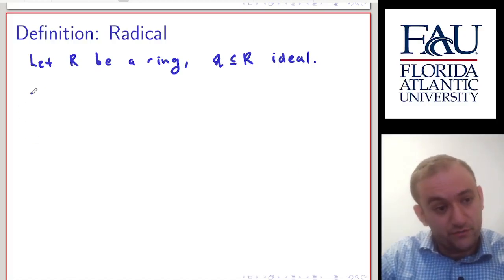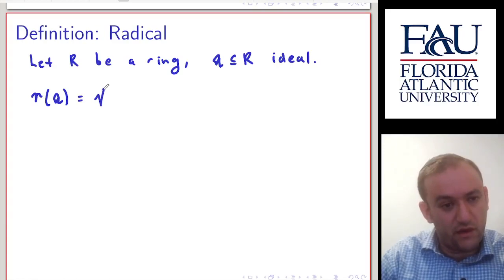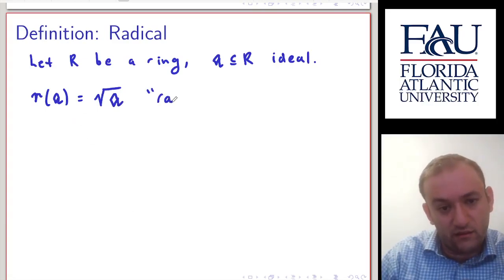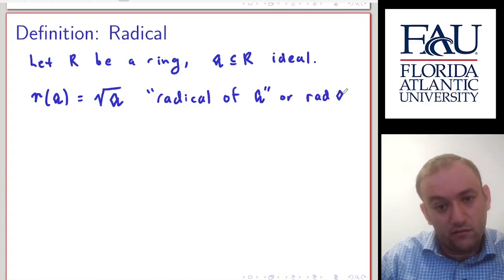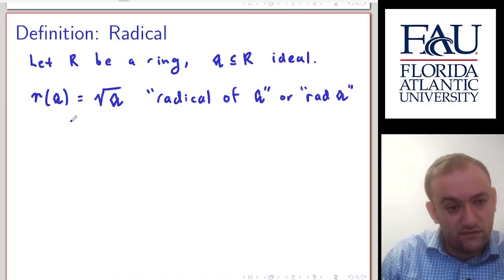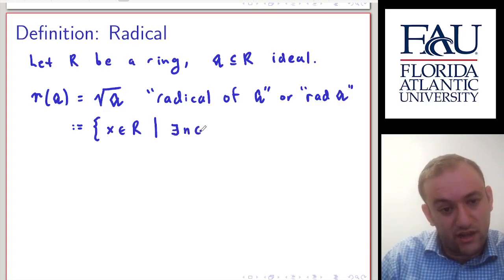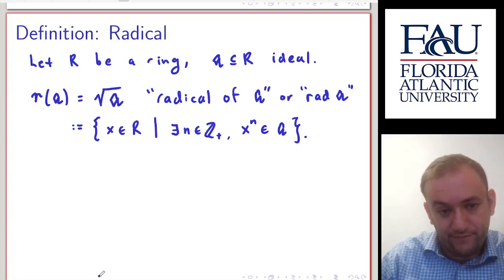The radical of A, which is written as R of A, but in modern texts, I think it's generally written with the square root sign, but it's read as the radical of A or rad A. This is defined as the set of elements X in R such that there exists a positive integer n such that X to the n is in A. Okay.